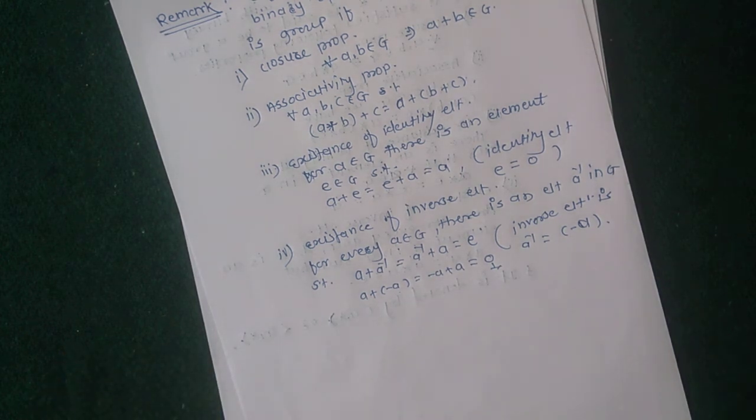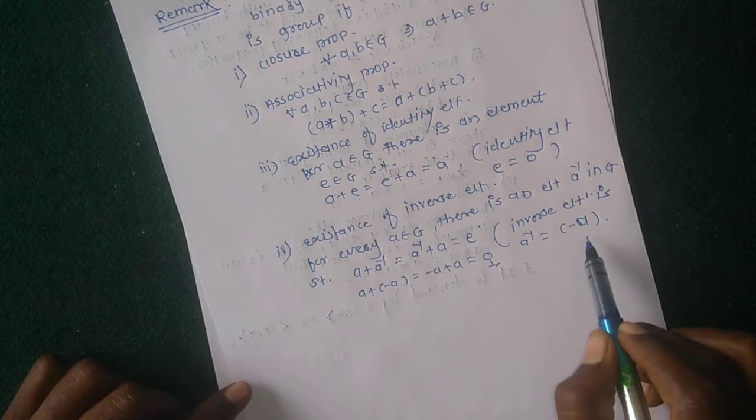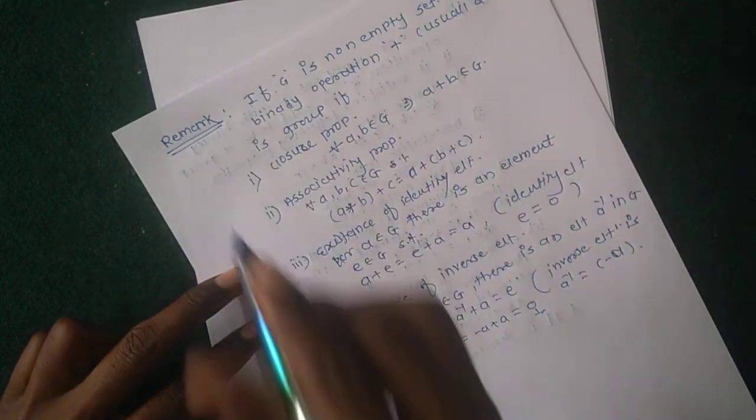For usual addition, identity element is 0 and inverse element is minus a.